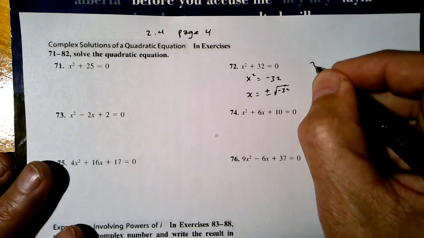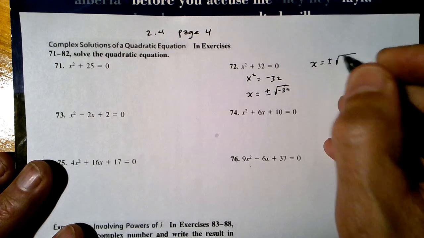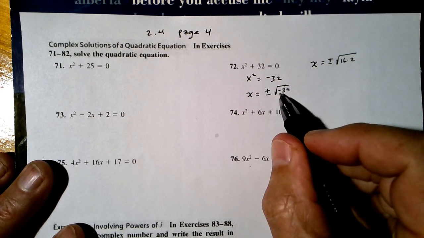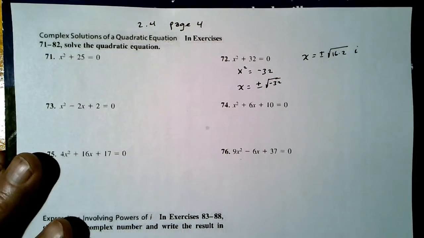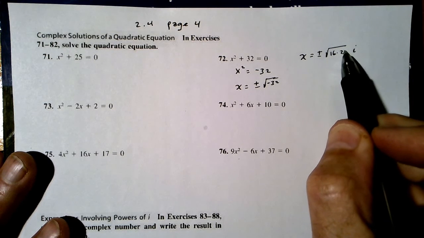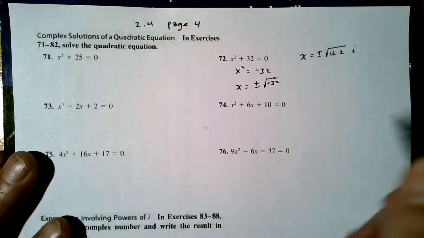So that is x equals plus or minus, let's see, I'm going to make that 16 times 2, and the square root of negative, I'm going to take the i out, is i. And once again, maybe the fourth reminder of this, I make certain that i does not look like it's trying to be underneath. That's an exaggeration, but it's not trying to be underneath the square root.